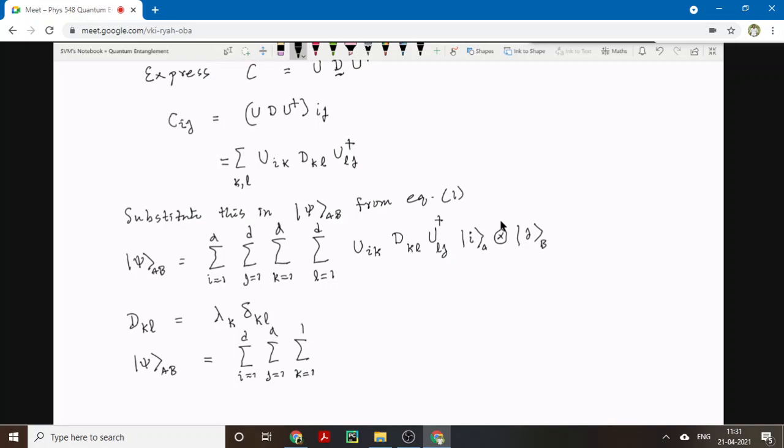I will not have the l summation. Wherever l is there, I will put k. So I have lambda k Uik U dagger kj into ket i A tensor ket j B.